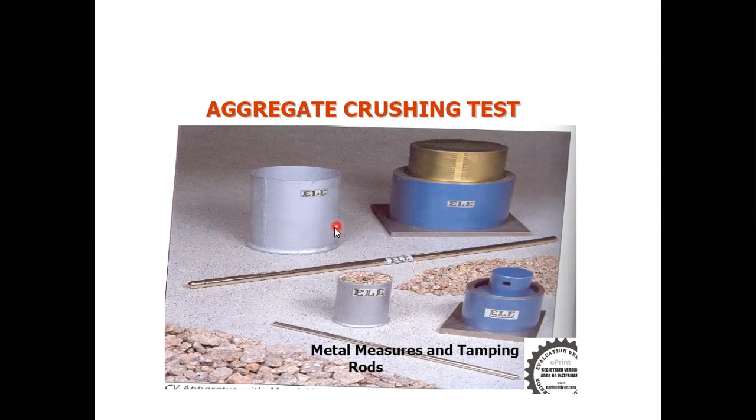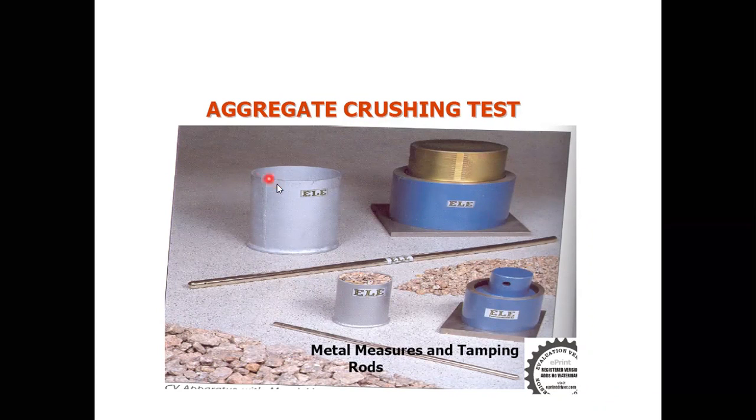What we are going to do is first fill the aggregates in this particular mold, in 3 layers, with 25 blows for each layer. Then once it is filled, you remove the excess material by holding the tamping rod horizontally. After that, you take the main mold.